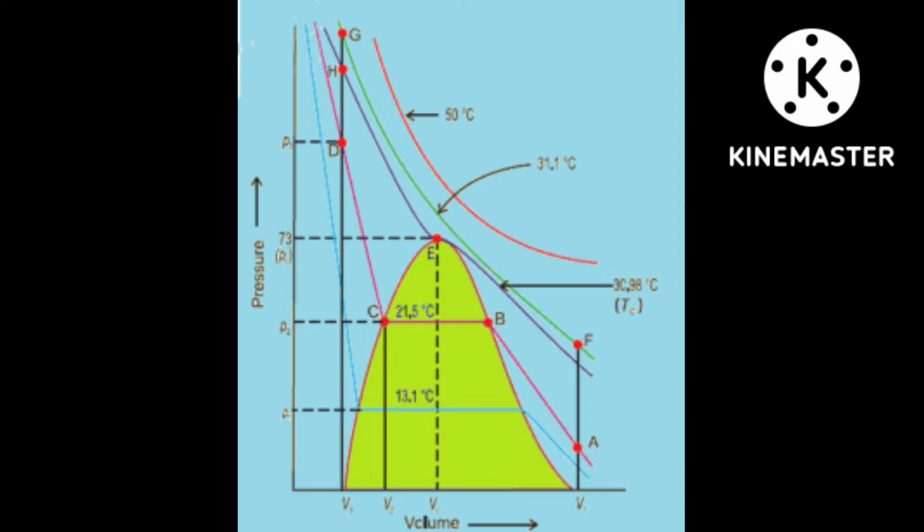That temperature is called the critical temperature. At that temperature, if we apply high pressure, as for example 76 bar in the case of carbon dioxide, only then will it start converting to liquid.